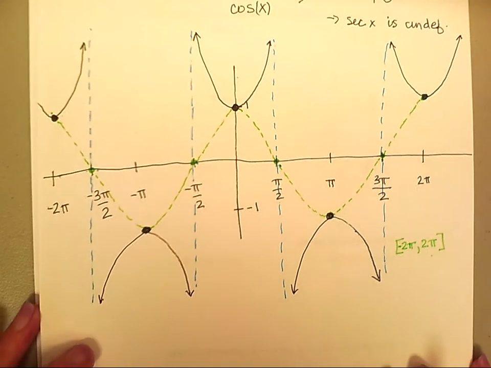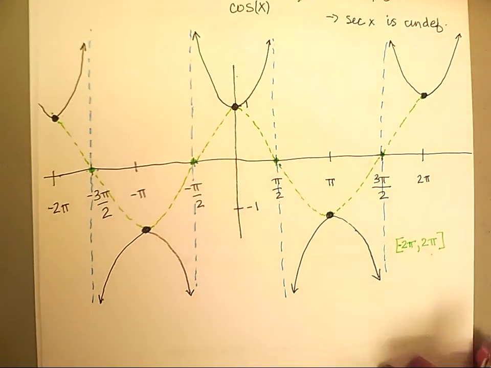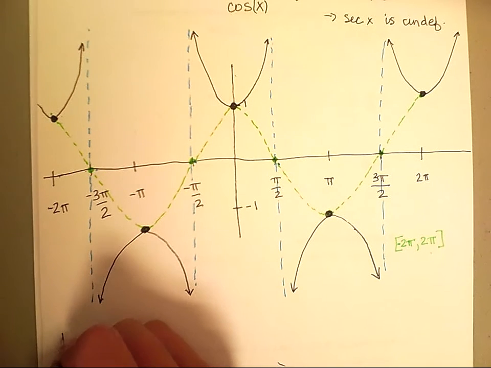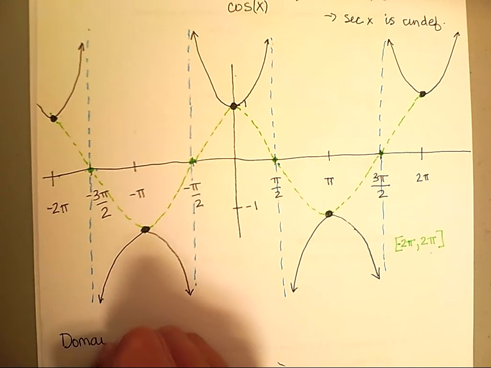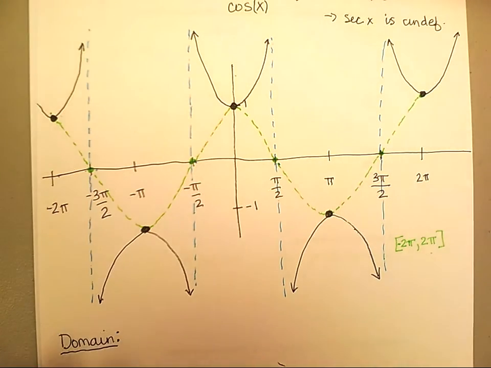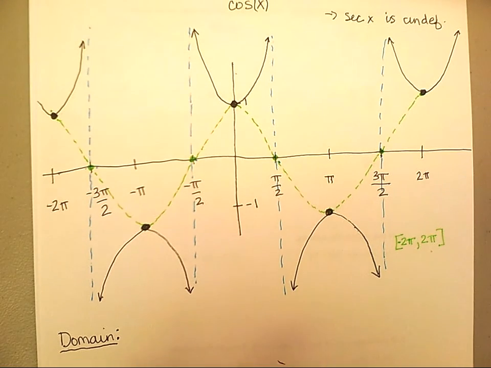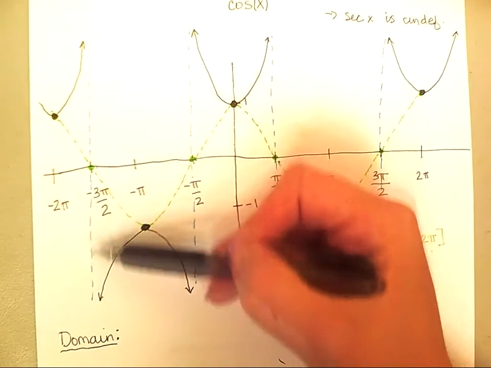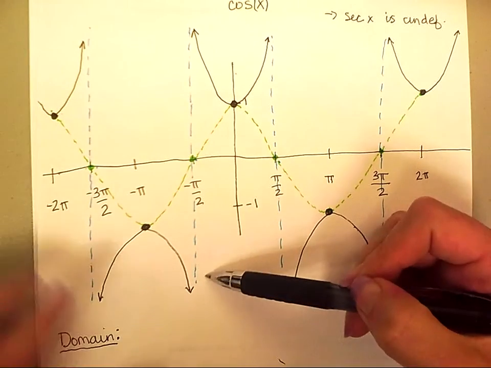But we have some important questions to answer about this. So, for example, we always want to know about domain. Well, now we don't have a domain that's all real numbers because we have these asymptotes to deal with.